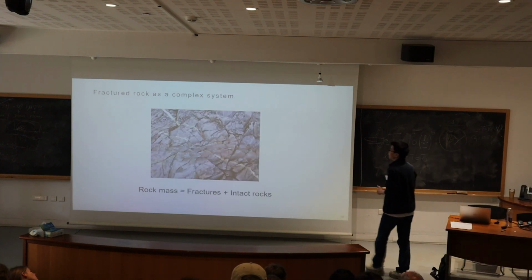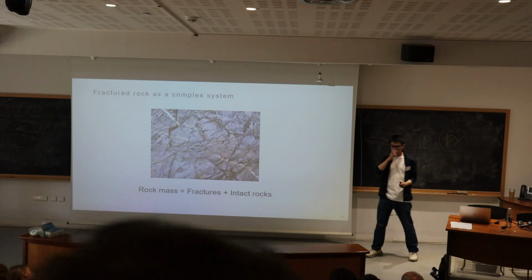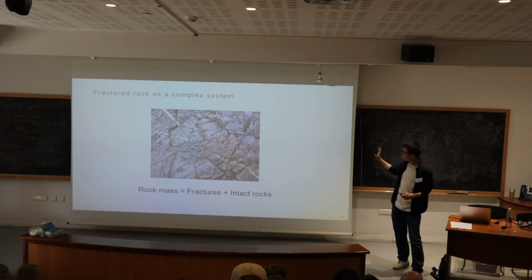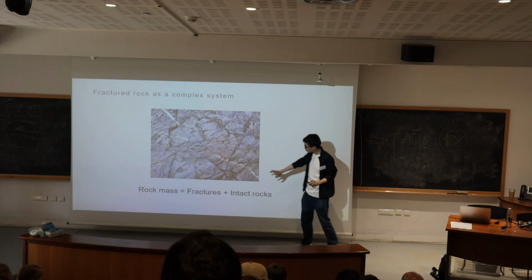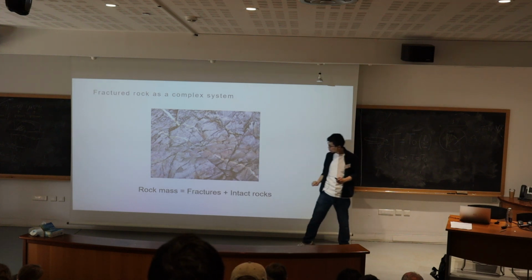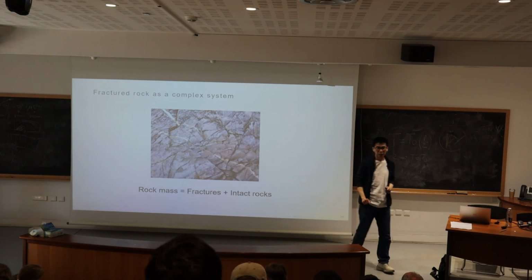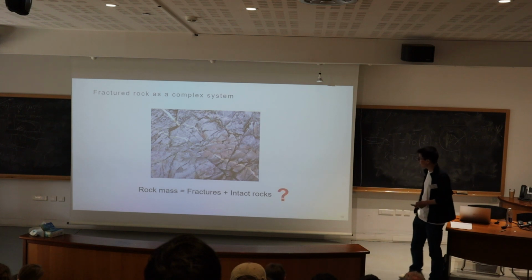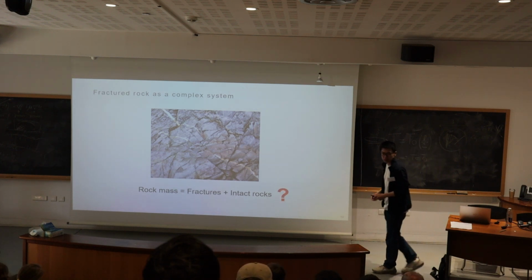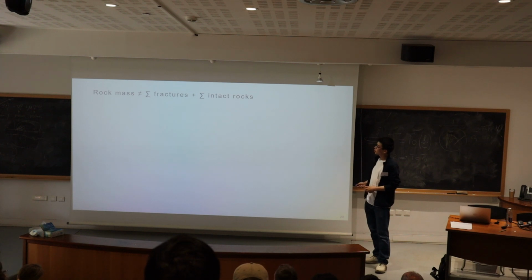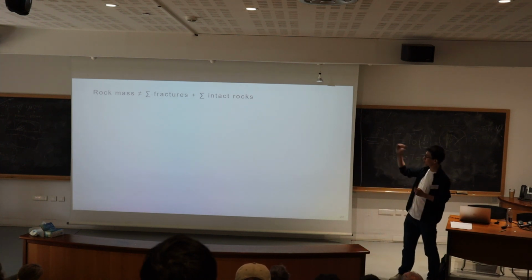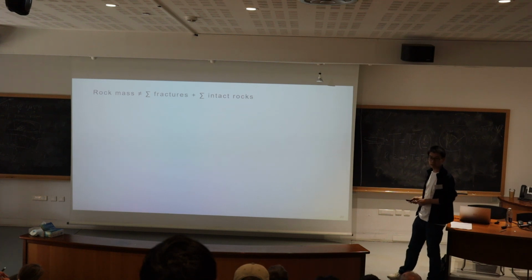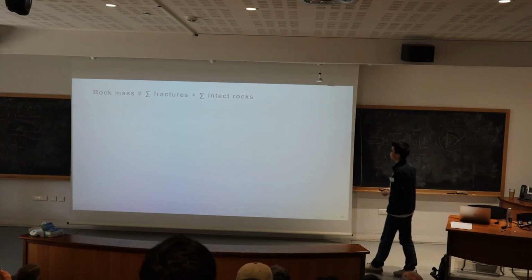So in the context of complexity, for fractured rock, we often think compositionally that rock mass equals the fractures plus intact rock. But in the context of complexity, this may not be true. So I would say rock mass is not just a simple superimposition of fractures plus intact rock.